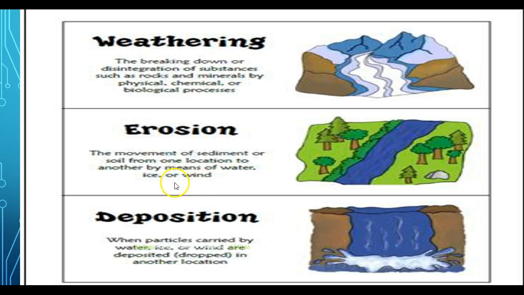Remember, water, ice, or wind are your erosion agents. And then after something gets moved, it gets deposited, or dropped in another location. So that is the order of weathering, erosion, deposition. Also keep in mind that an increase in temperature and surface area help accelerate the weathering process.